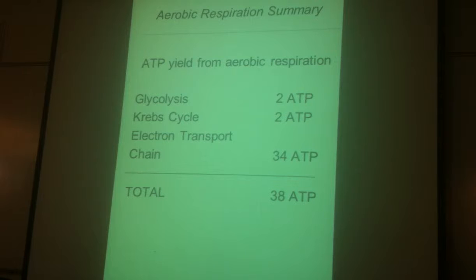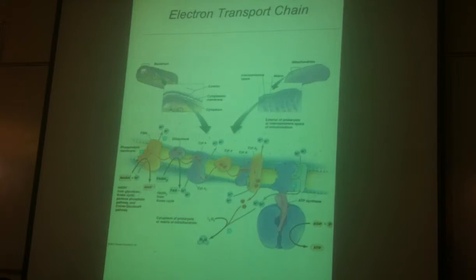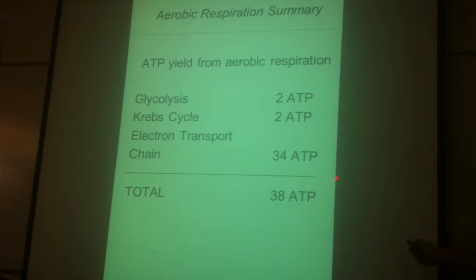In bacteria, so this is a bacterial version, you get 30 ATPs. The bulk of them comes from the electron transport chain. So that's why this process is so important for a cell, is that you can get a lot of energy from that process.